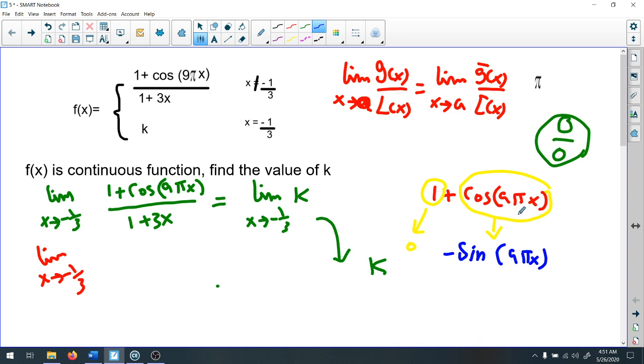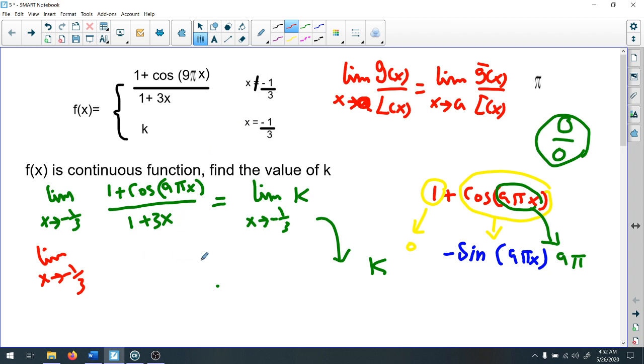Now go inside and do the derivative of 9 pi x. 9 pi is a number, so the derivative of 9 pi x will be 9 pi. So let's rewrite that over here.